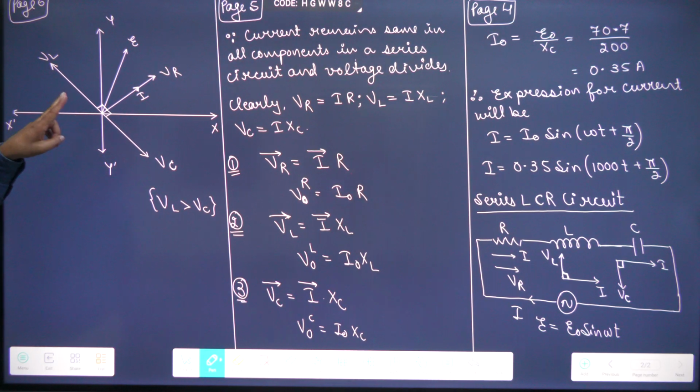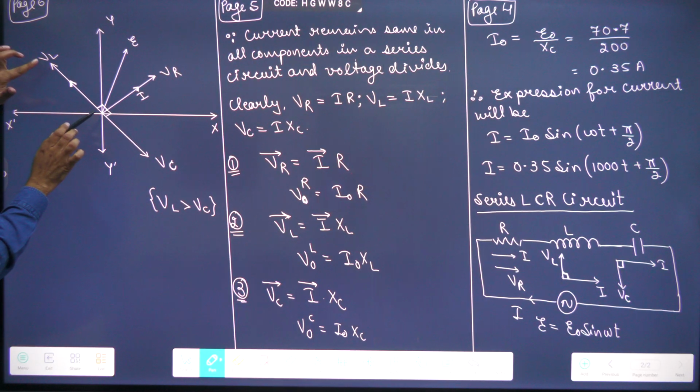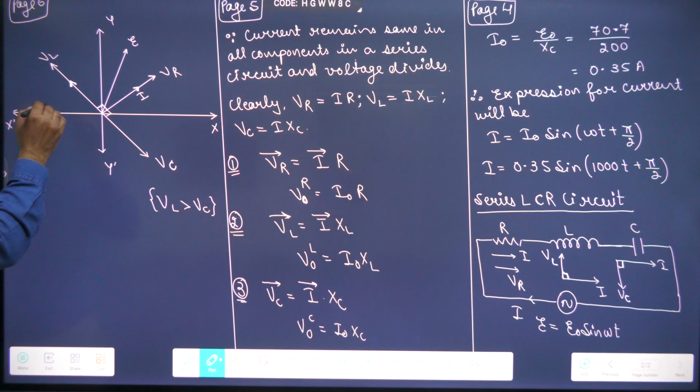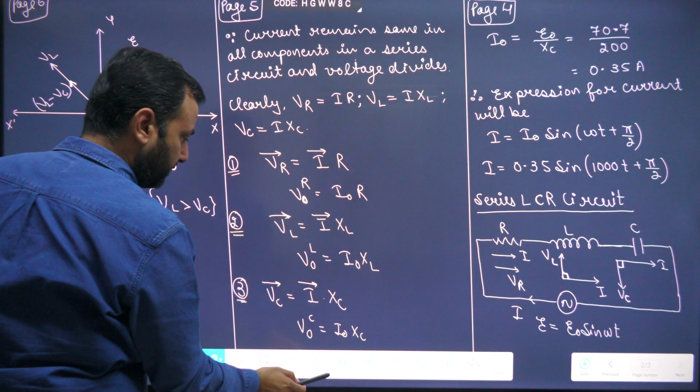So when two opposite direction vectors are being added, then actually we subtract them. So VL minus VC will be like this. The difference between this length VL and this length VC will be this much. So I'm going to write it like this: VL minus VC.